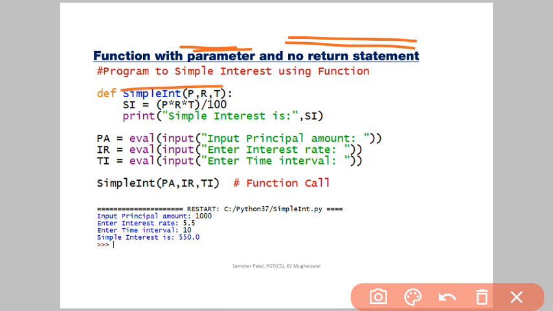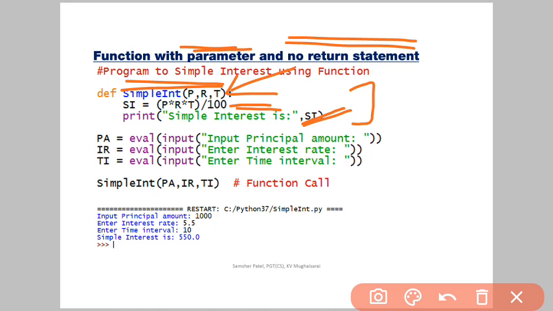Now in this function we are using simple interest, but here we are passing three parameters, that is P, R and T. Now using this second line we have calculated the simple interest, and by using this print statement we have printed the value of the simple interest. Now it is clear from the function definition that we have used parameters, that is P, R, T, but we have not used any return statement.